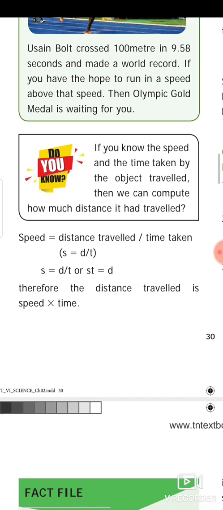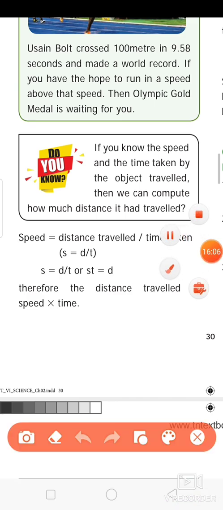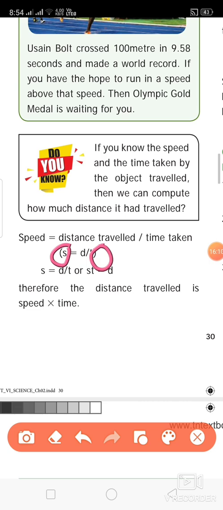If you know the speed and the time taken by the object traveled, then you can compute how much distance it had traveled. We have the formula speed is equal to distance traveled by time, S is equal to d by t. If we know S and we know t, but we don't know d, then how can we find d?